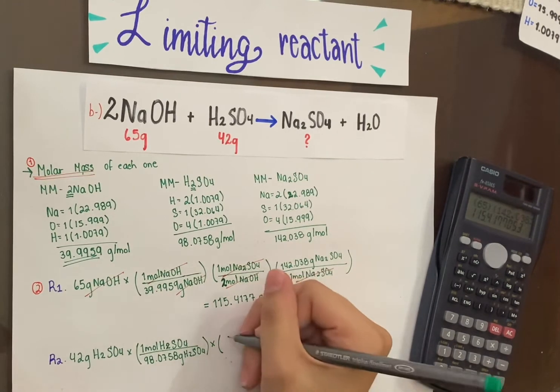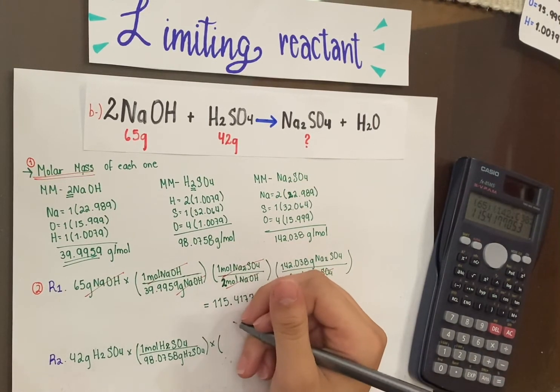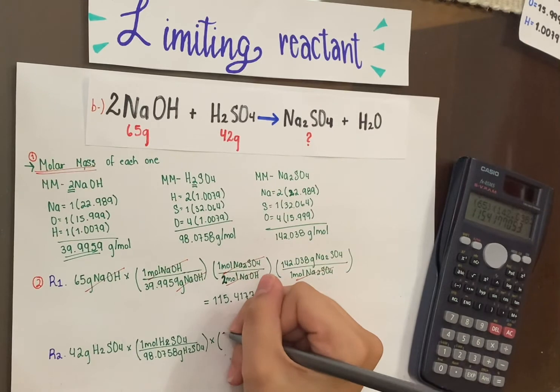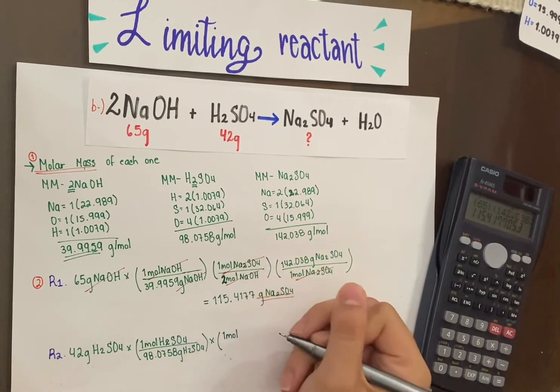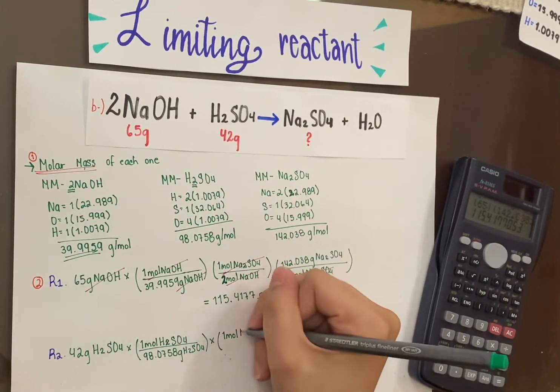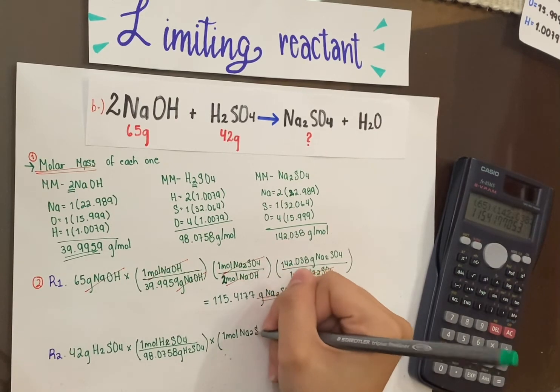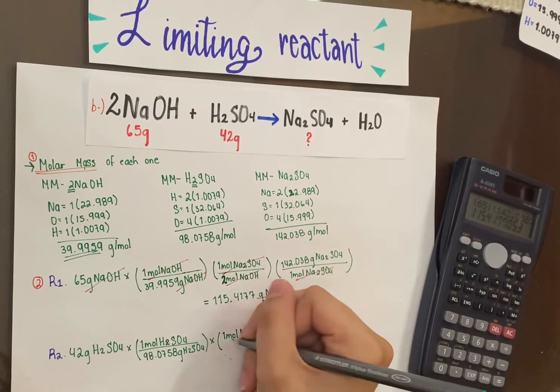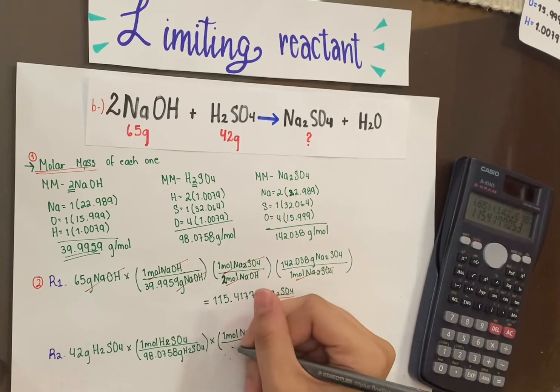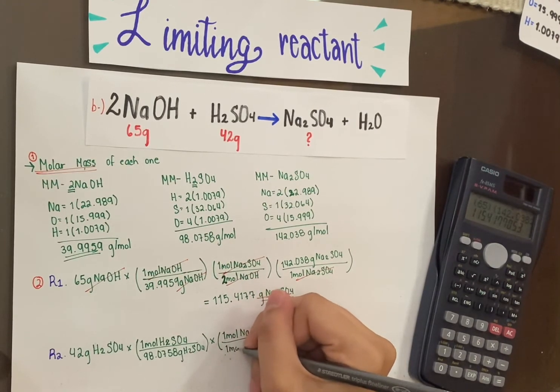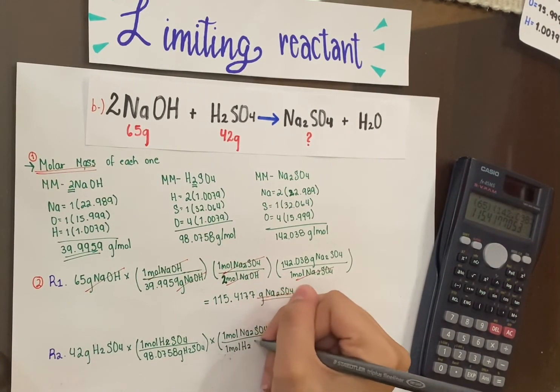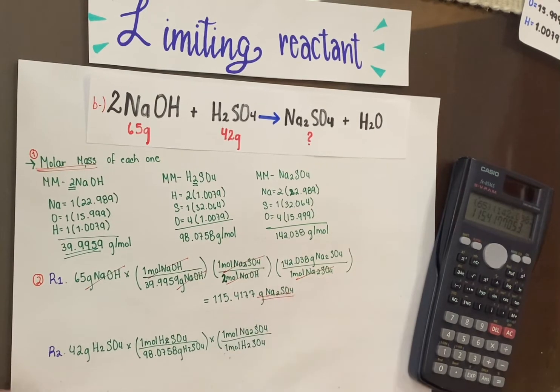And here I will put the moles of the unknown, that is 1 mole of Na2SO4 over 1 mole of H2SO4.